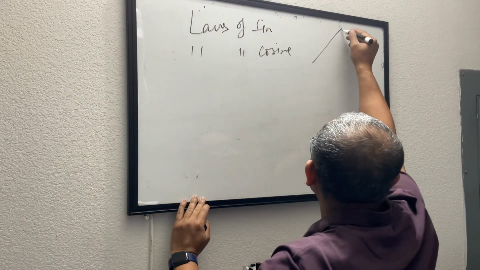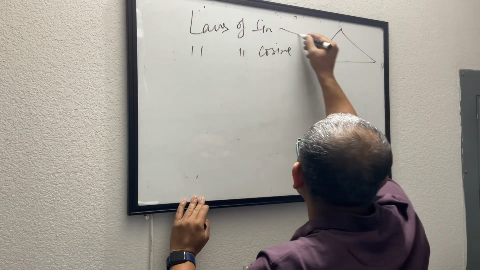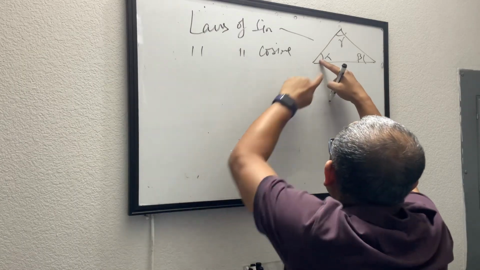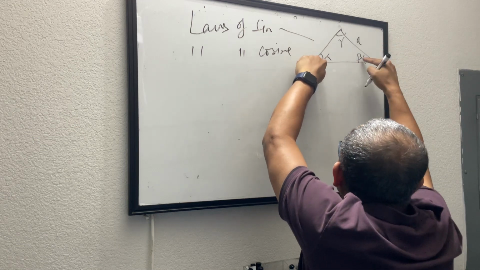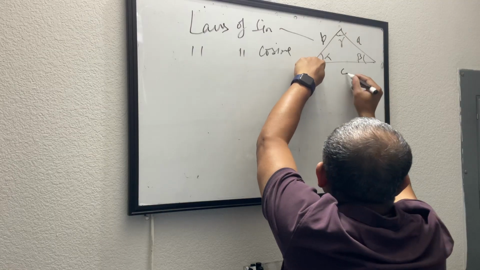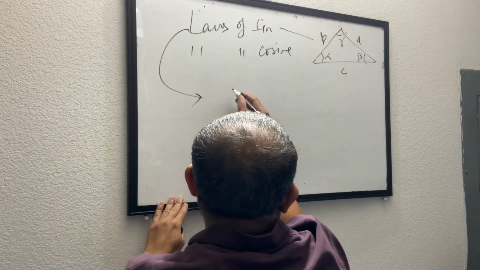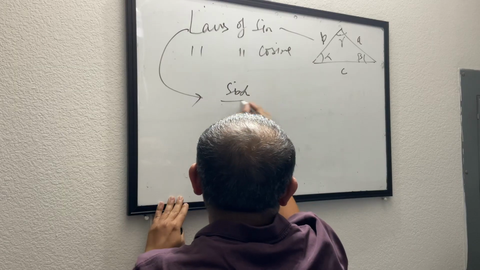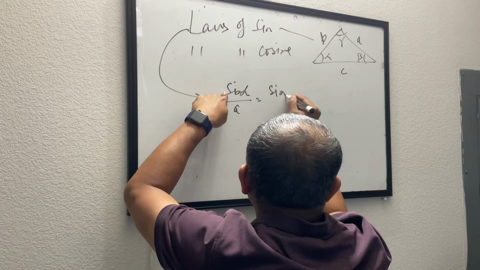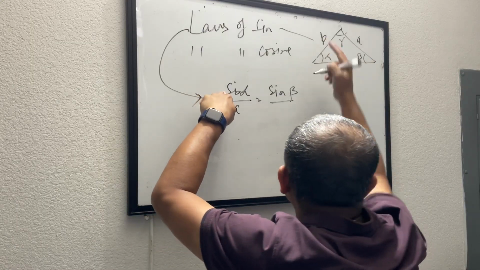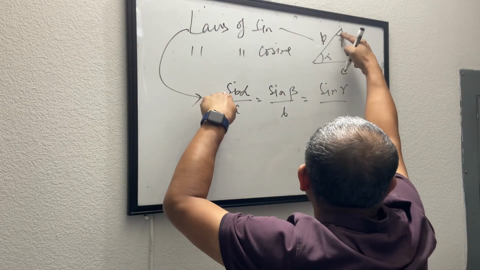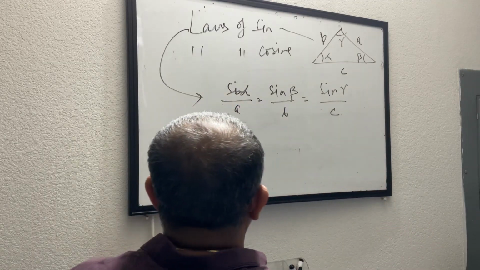Law of sine says, with angles alpha, beta, gamma, and sides A, B, C opposite to them respectively: sine of alpha divided by A equals sine of beta divided by B equals sine of gamma divided by C. This is law of sine.